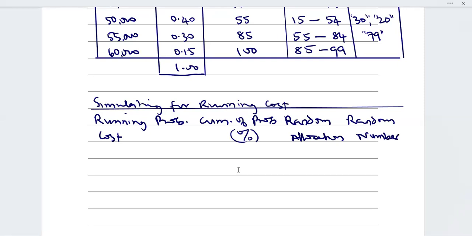So what are the running costs? 25,000, 30,000, 35,000. Probability of 0.4, 0.25, 0.35.